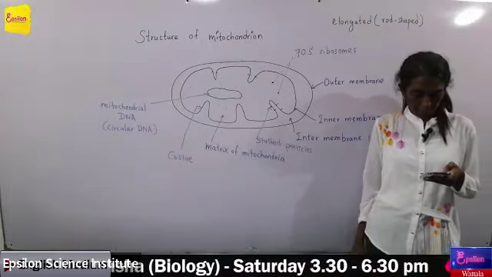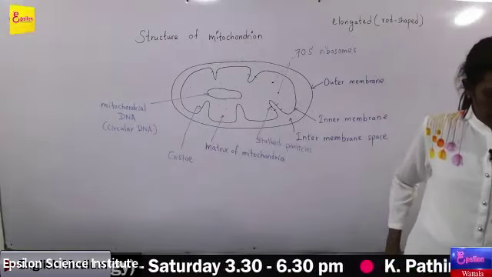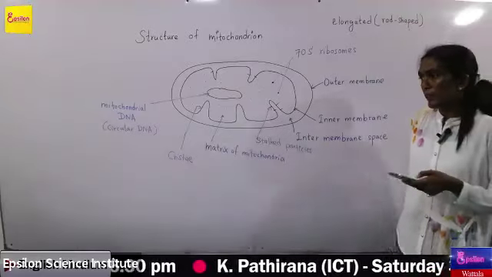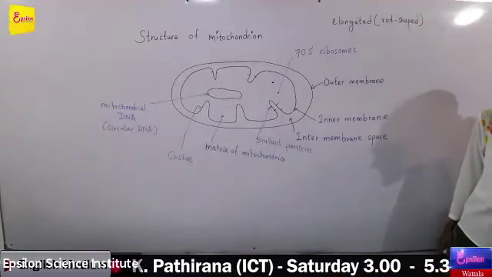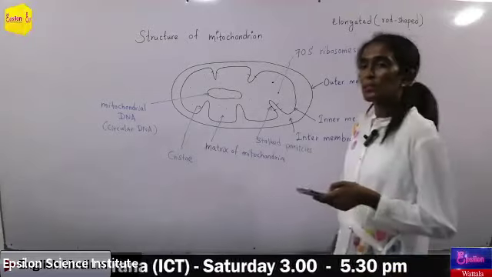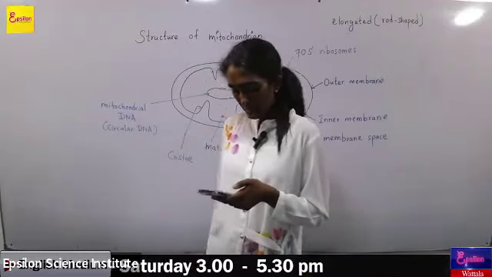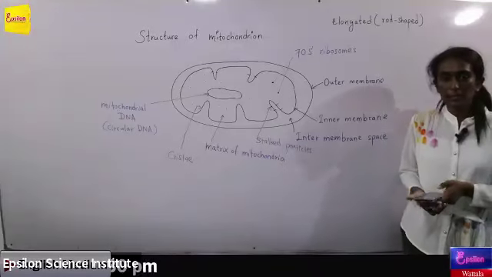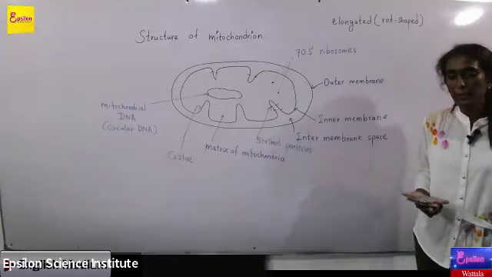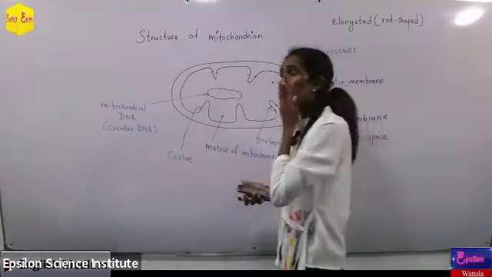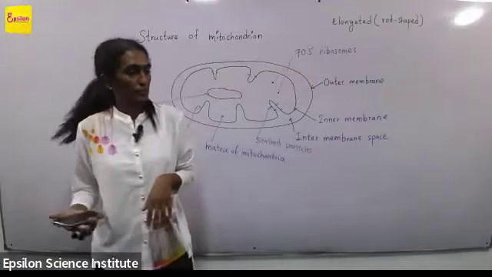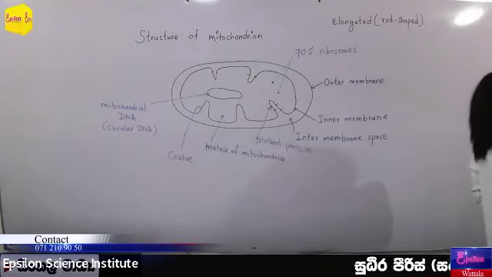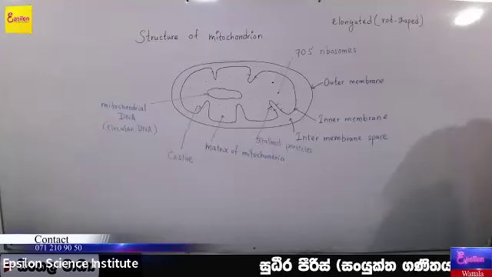Next one, in between the two membranes, the space is called intermembrane space. Correct?